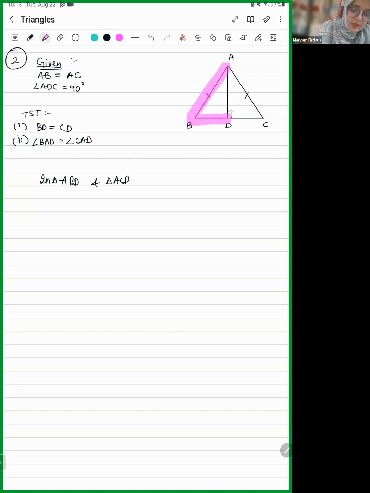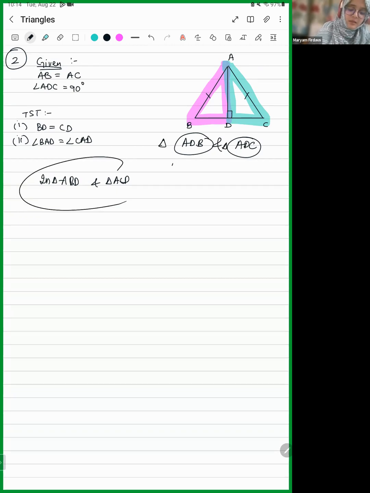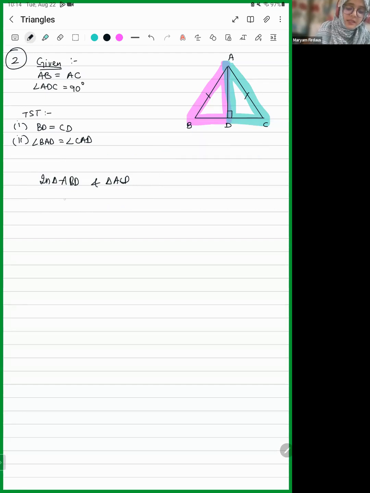Triangle ABD is this one and triangle ACD is this one. But see, you can write ADC and ADB as well. Either you write it like this in triangle ADB and triangle ADC, or you write it like this. Okay, understand. Then you are saying that angle ADB is equal to angle ADC, which is 90 degrees.